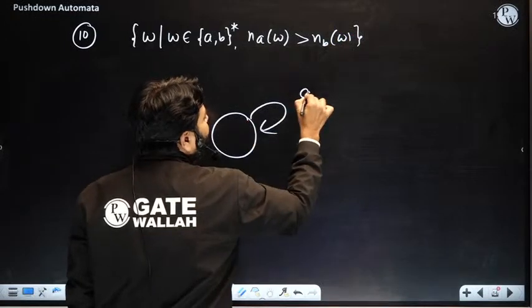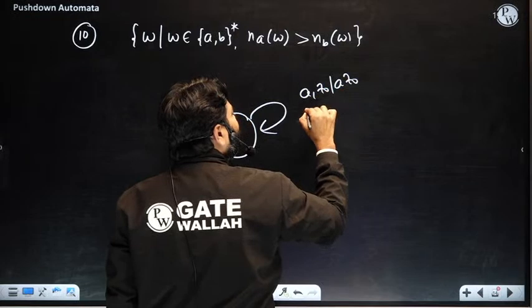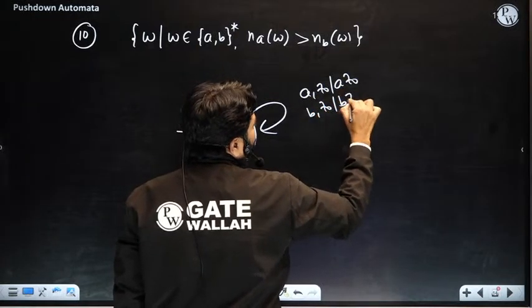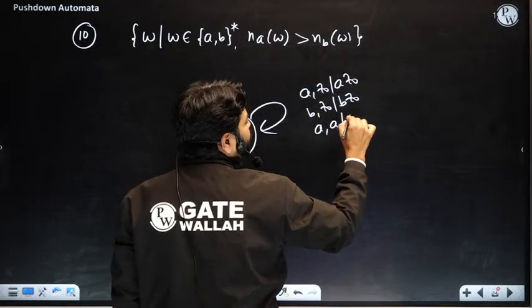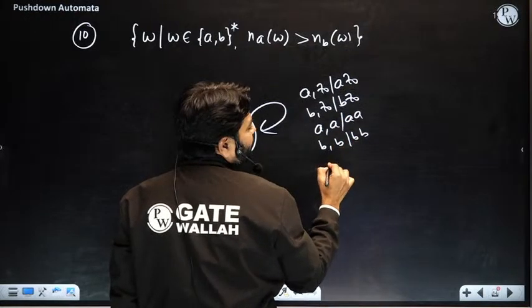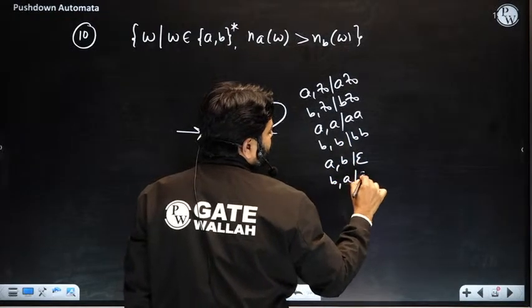All the combinations that you write, you should keep for everyone. Push when nobody is there: when A or B comes and Z0 is there, you push it. When the same symbol is coming as on top of the stack, push it. When the input and the top of the stack are opposite symbols, pop it, because we are cancelling those.